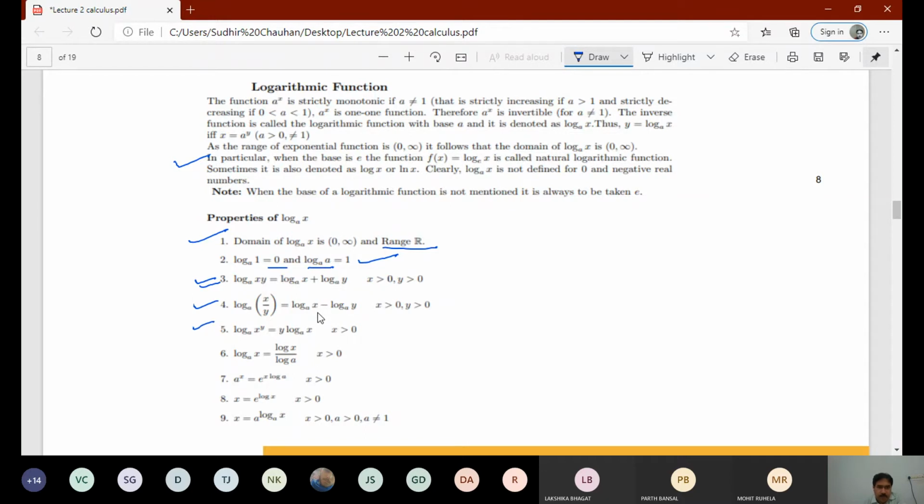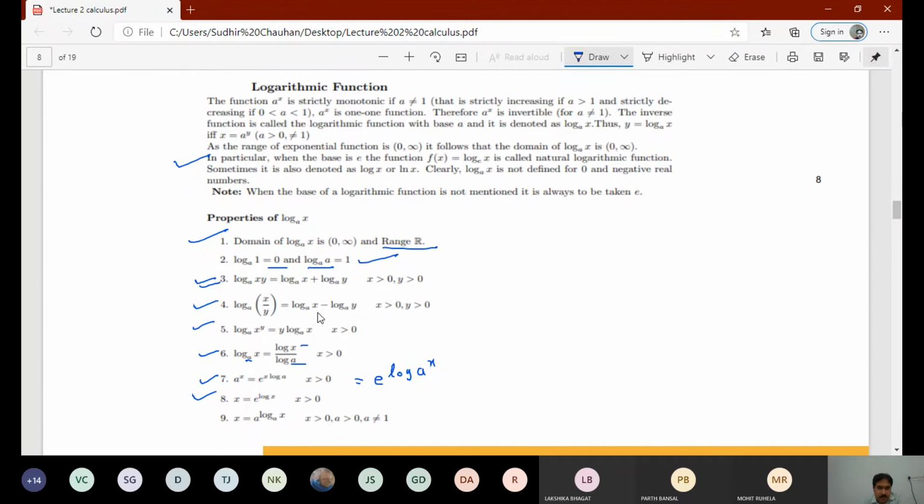Log x upon y can be written as log x minus log y. Log x raised to power y can be written as y log x, and log x base a can be written as log x upon log a. So with this, base can be written in the denominator. Now here in this case base will be the same. E raised to power x can always be written as e raised to power x log a, or we can also write it as e raised to power log a raised to power x.